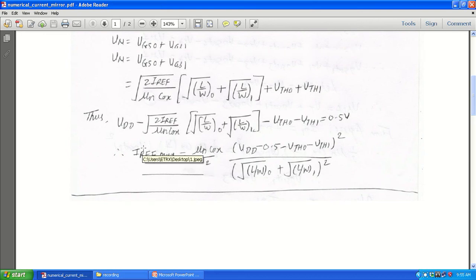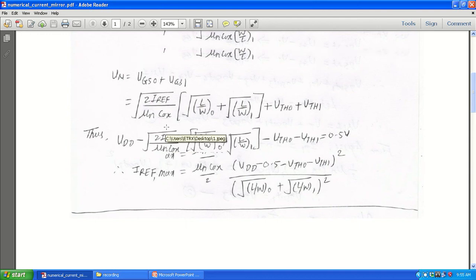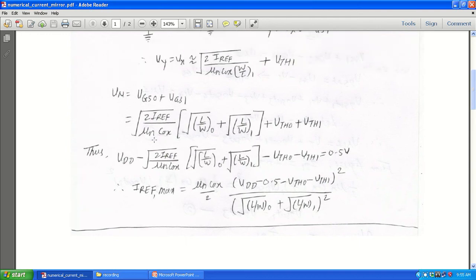Therefore the I reference maximum current is equal to, you rearrange these terms, 1 by 2 mu n C naught X into VDD minus 0.5 minus VTH0 minus VTH1 entire square, upon square root of L by W of 0 plus square root of L by W of 1 whole square.